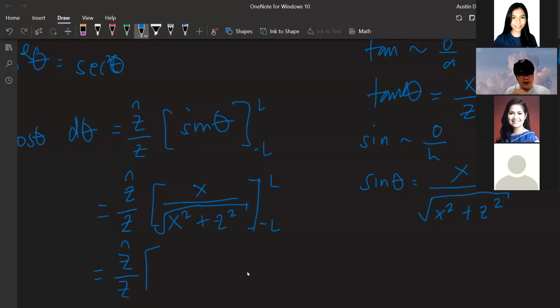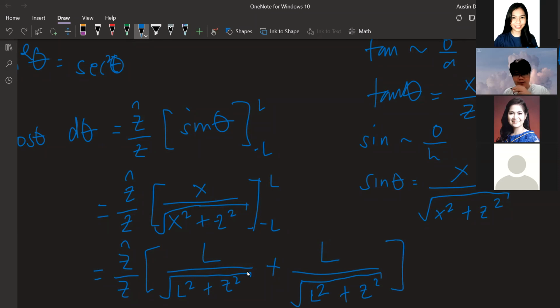So Z, let's write things out. L over the square root of L squared plus Z squared. Right? Minus negative L, so plus L over the square root of L squared plus Z squared. Right? Because this is negative L and then minus for the integral. Again, because this is a squared quantity, it's positive. Even if it's negative, it becomes positive.